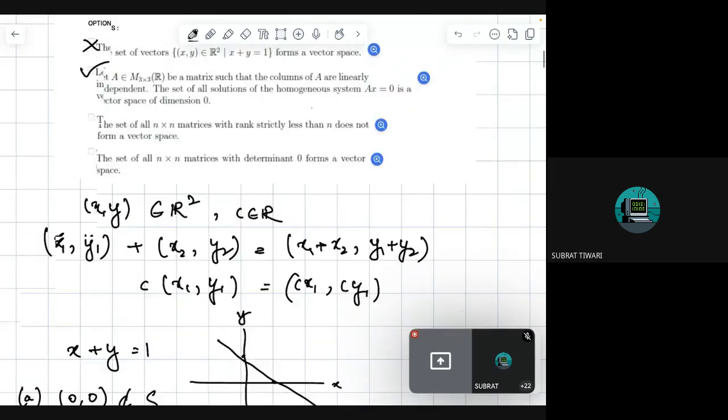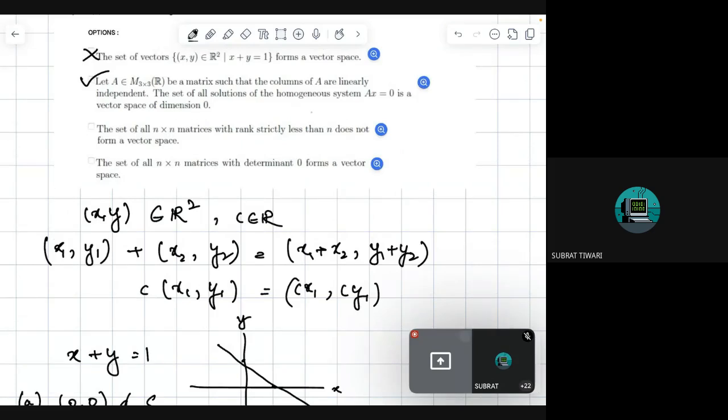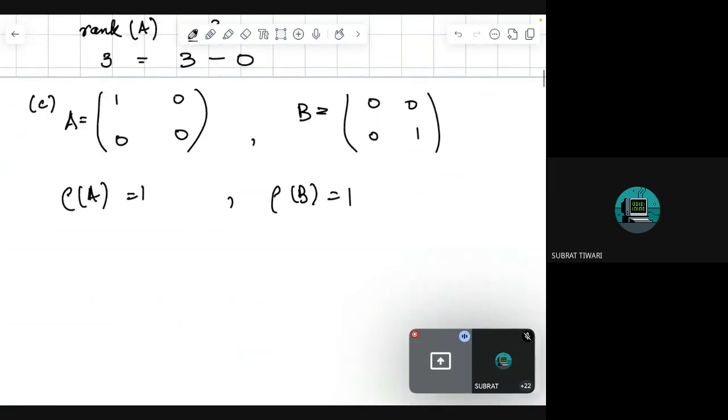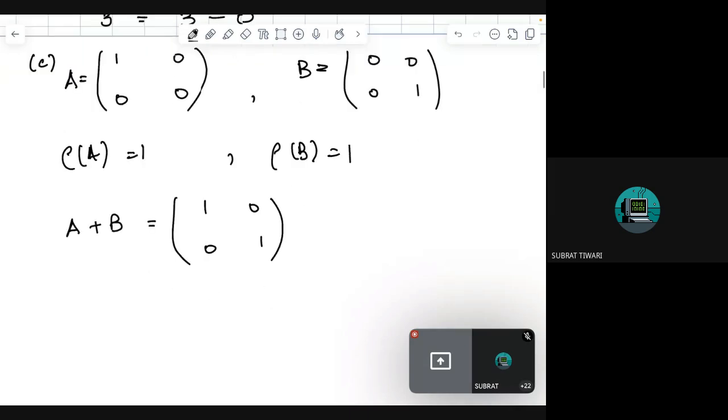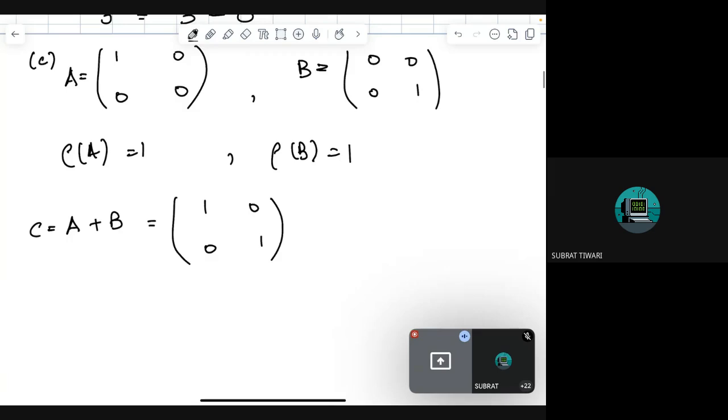It is saying that rank strictly less than n does not form a vector space, right? So what happens when we add A and B? We get 1 0 0 1. And the rank of this particular matrix is 2, right?